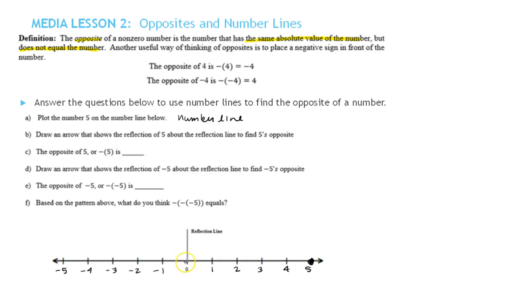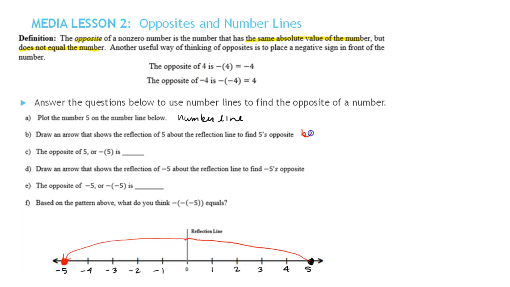And we could think of this as the mirror image across or about the number 0. So I'm going to reflect this. Think of how a mirror would reflect this. We got to 0. Now we want to go the same distance in the other direction. There's our arrow. And there is the opposite of 5, which is negative 5.